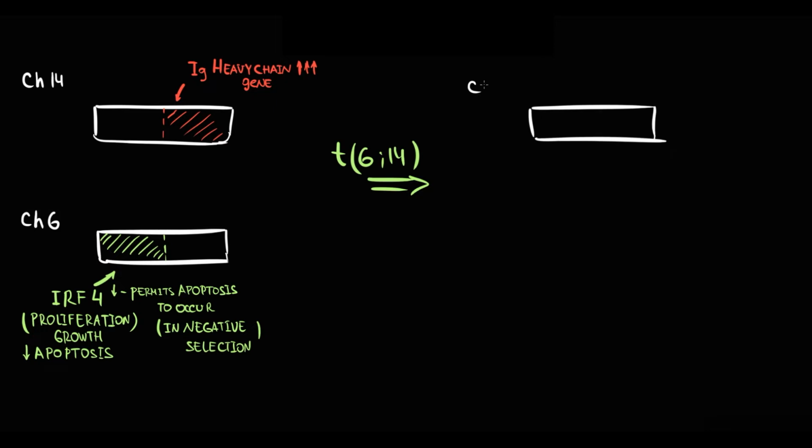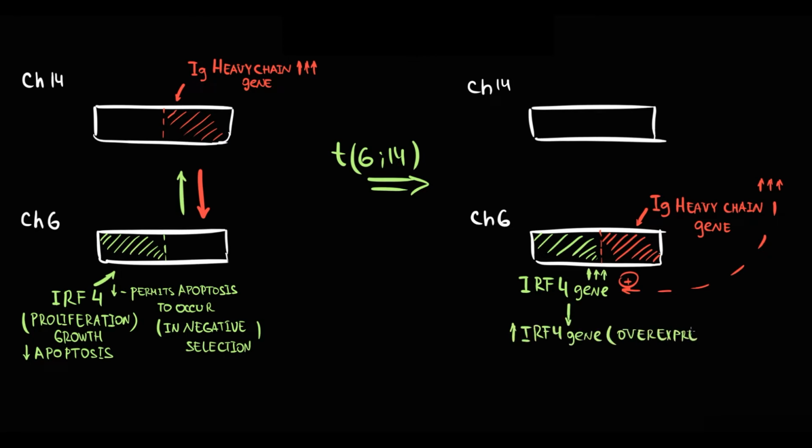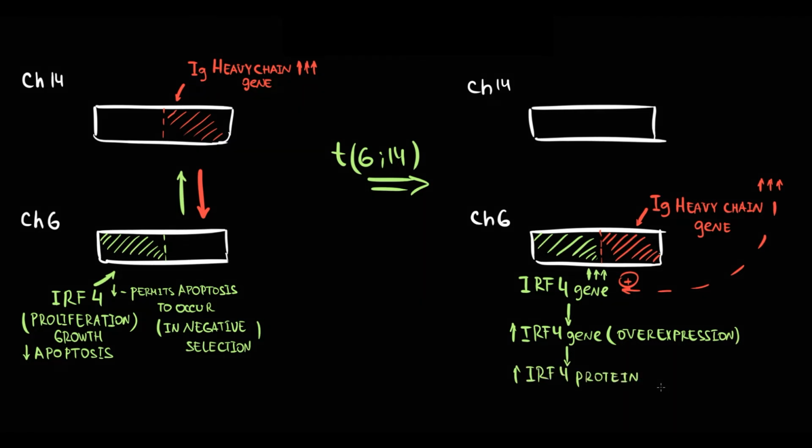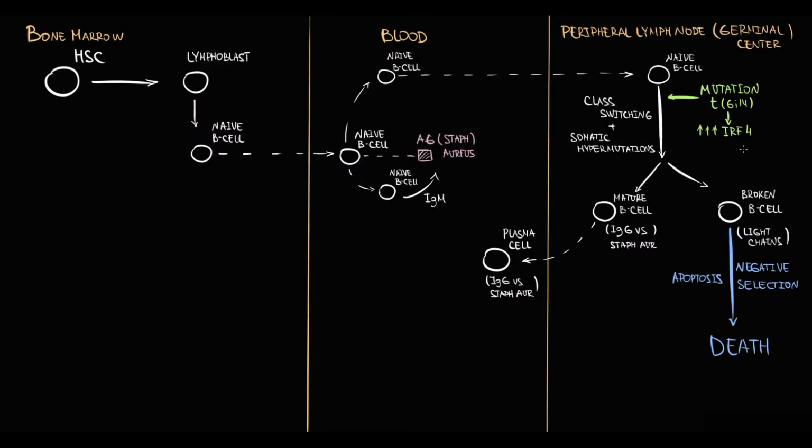But with translocation of the immunoglobulin heavy chain gene to the interferon regulatory factor 4 gene, now this highly active gene stimulates the interferon regulatory factor 4 gene, or we can say it causes overexpression of the IRF4 gene, and in response to this, cells significantly increase the production of interferon regulatory factor 4 protein that in turn inhibits cell apoptosis. So overexpression of IRF4 causes inhibition of apoptosis, and basically this results in production of an immortalized cell.